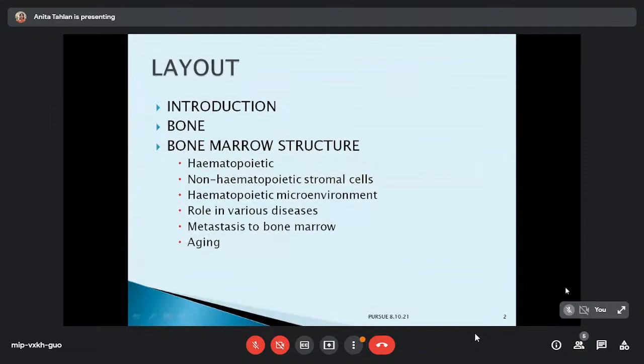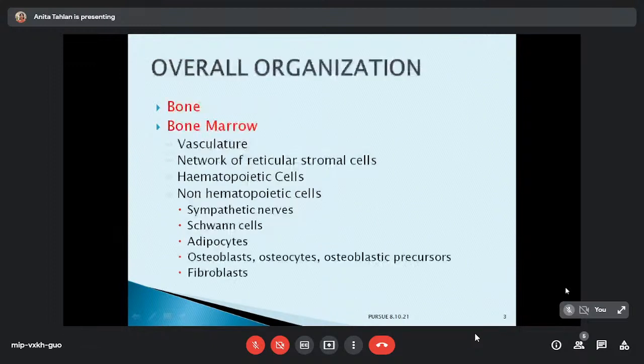Bone marrow is the soft viscous tissue which occupies the bony cavity, and it is composed of a heterogeneous population of cells which are either directly or indirectly involved in the primary function of hematopoiesis. It is implicated in almost all the diseases, and it is also one of the favored sites for metastasis. And let's see how it influences our aging.